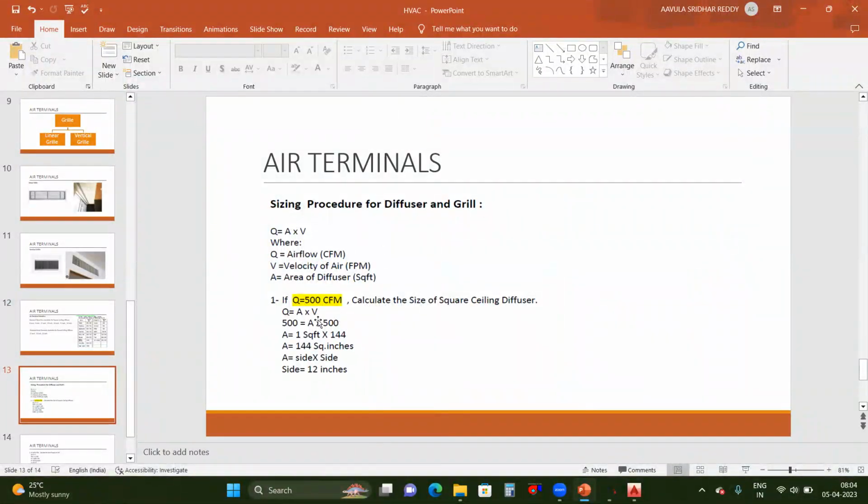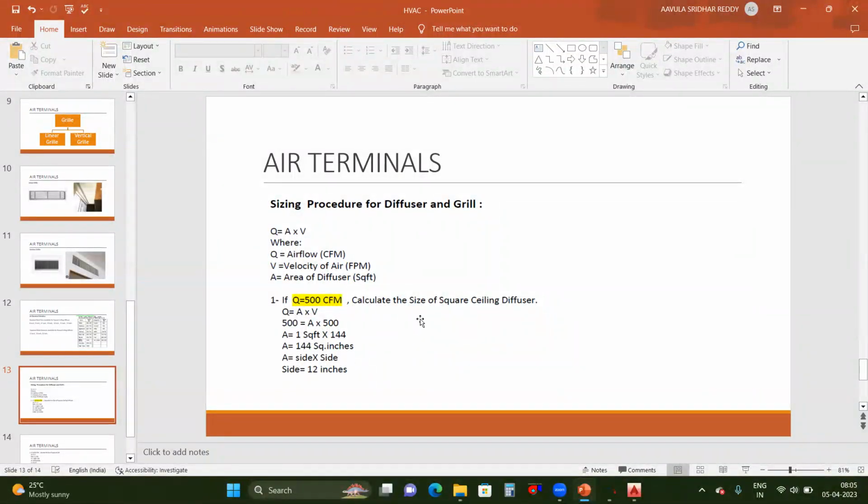If you take the 500 and write it here, it will become 500 equal to A into 500. So then area equal to 500 by 500, that is 1 square feet. When you convert square feet to square inches, it will be 144 square inches.